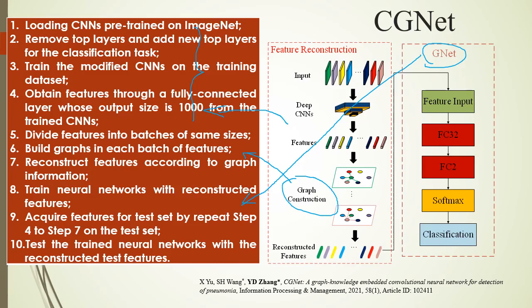At the earlier phase, we use CNN to extract features, and at the later phase, we use the graph neural network to train the graph. This kind of graph is a kind of relationship from each batch of the features. And you may ask, can we train the CNN features and the GNN features together? That's what our next slide will discuss.